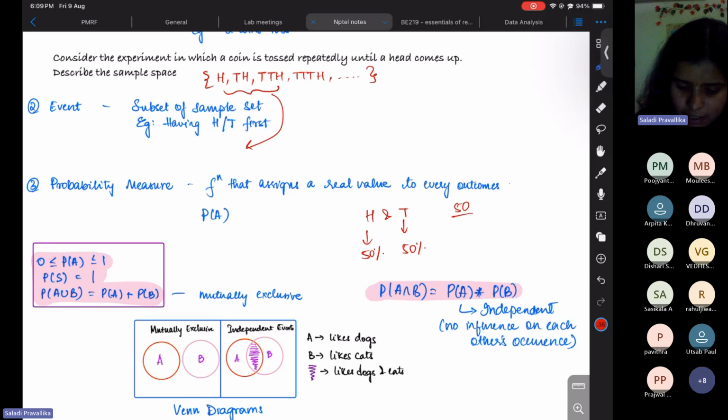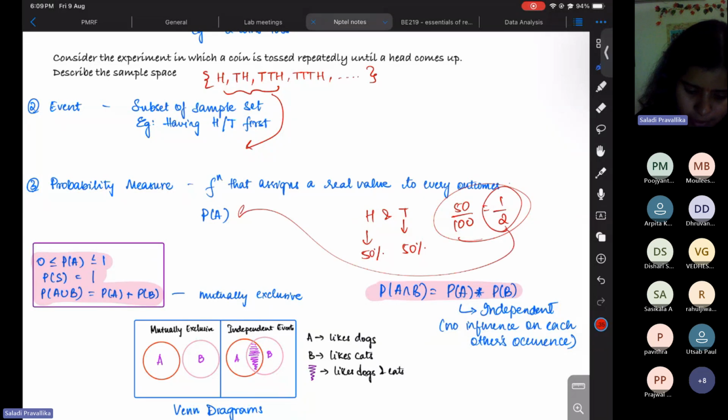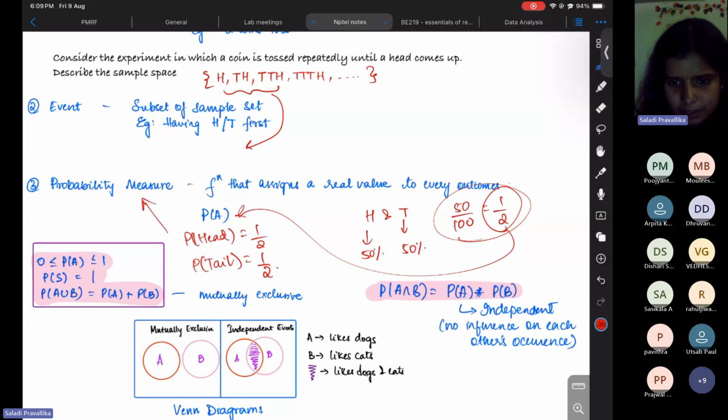So this 50%, I can write like this, and that is nothing but 1 by 2. So this 1 by 2 is nothing but the probability. Probability of getting a head is equal to 1 by 2. Probability of getting a tail is equal to 1 by 2. So this is called the probability measure.